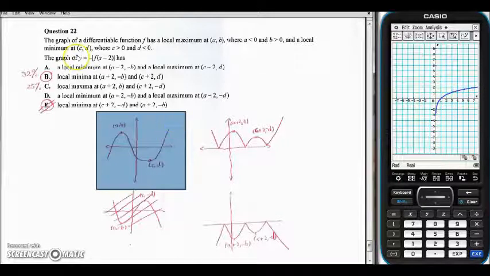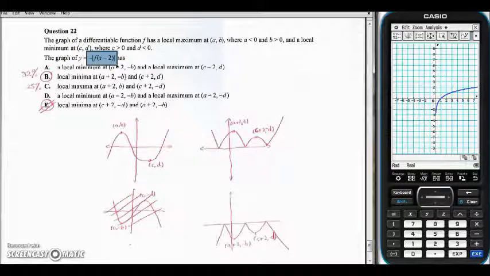So we want to know, what does the graph of negative the modulus of f of x minus 2 look like? So what I've done, I've ignored the negative and I've graphed this over here. So I've moved the whole thing over by 2 and I've found the modulus of that function. So if you move the whole thing over by 2, (a, b) becomes (a+2, b), (c, d) becomes (c+2, d).